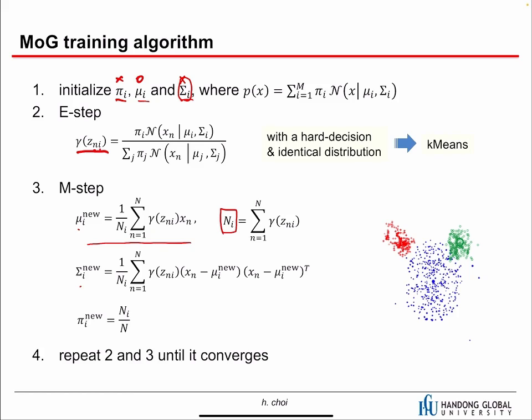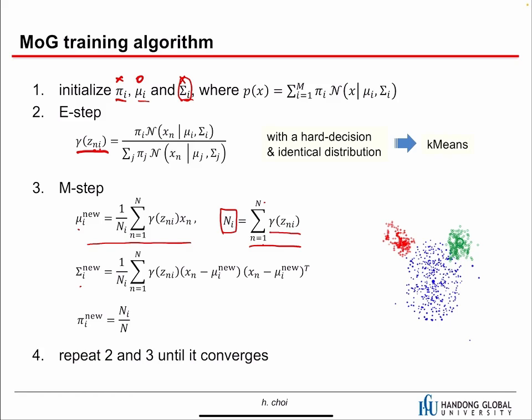This is not a hard decision, so we cannot say exactly how many samples are in a cluster, but we can say roughly how many samples are in the cluster based on this one, with n going from 1 to n. So we check all the responsibilities. So n sub i means how much this cluster is responsible for all the samples.